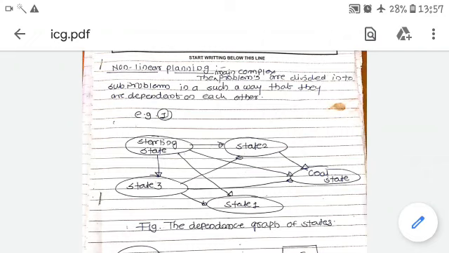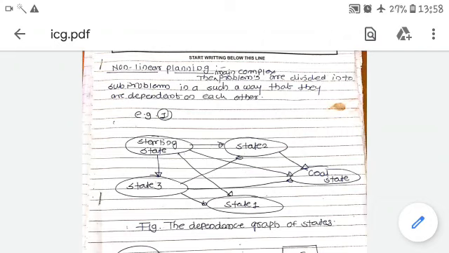But non-linear planning is exactly opposite, because in non-linear planning the problem is divided into sub-complex problems or sub-problems in such a way that they are dependent on each other. Okay, what is the difference between linear and non-linear?